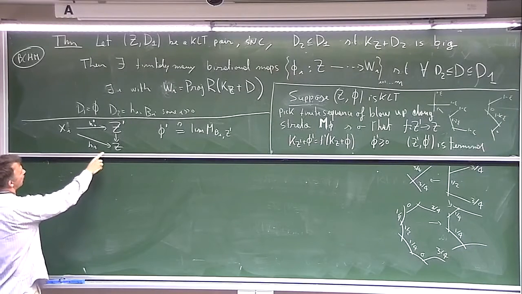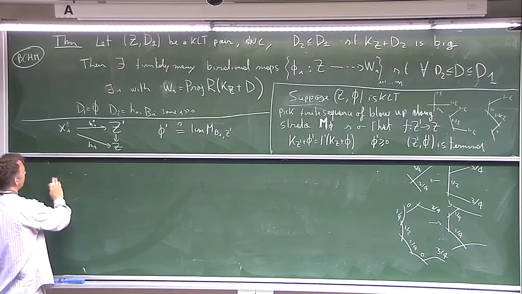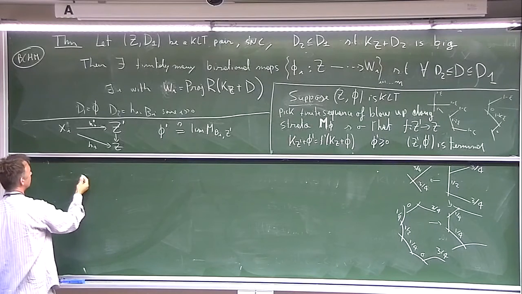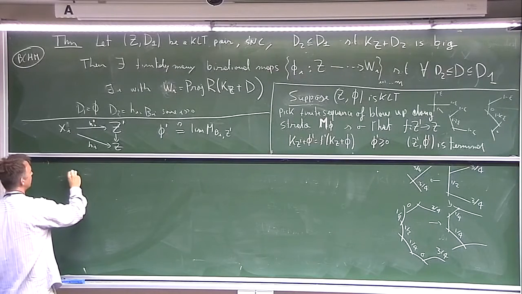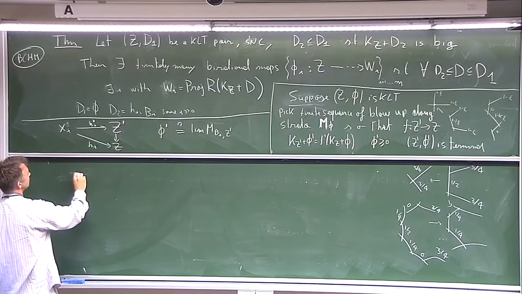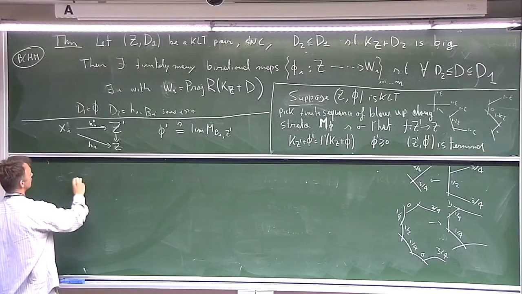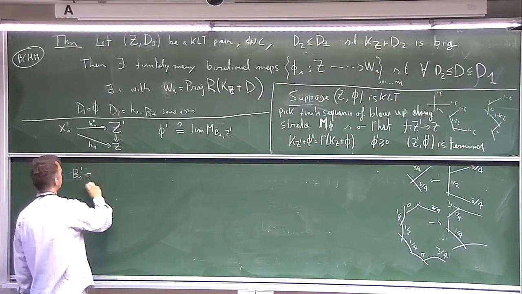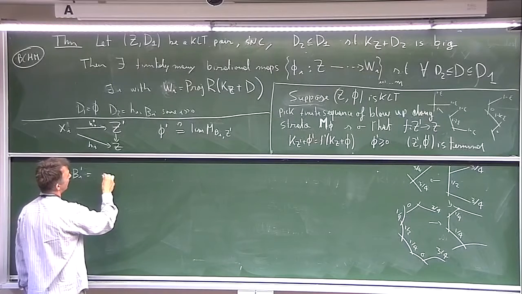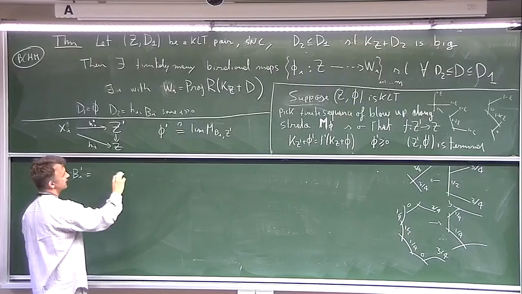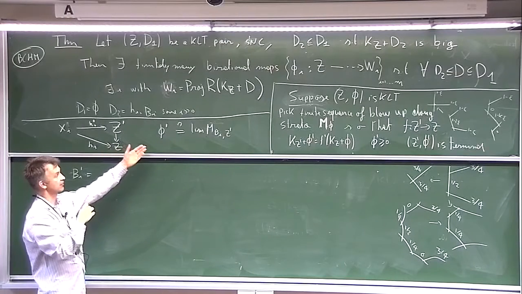So what happens here? What we're going to do is change b_i prime, which will be the minimum between the coefficient of phi prime and b.